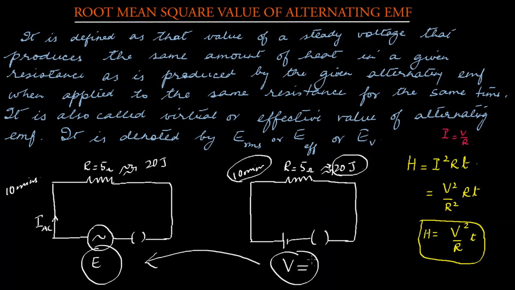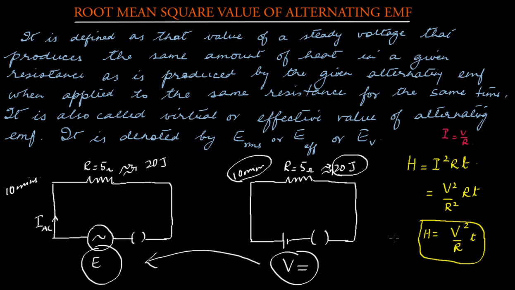So that value of steady voltage is known as the root mean square value of the alternating EMF.